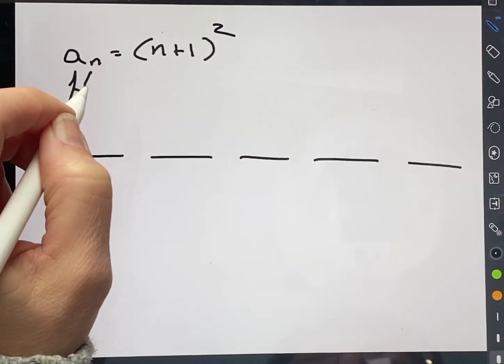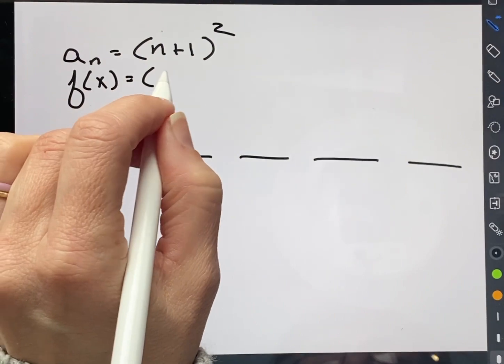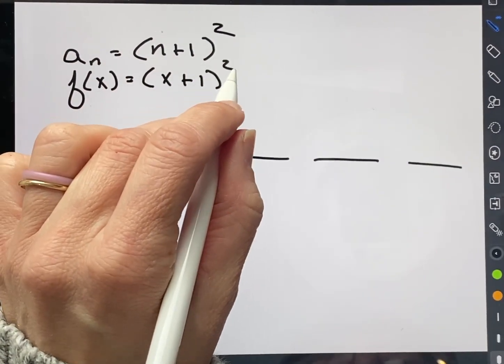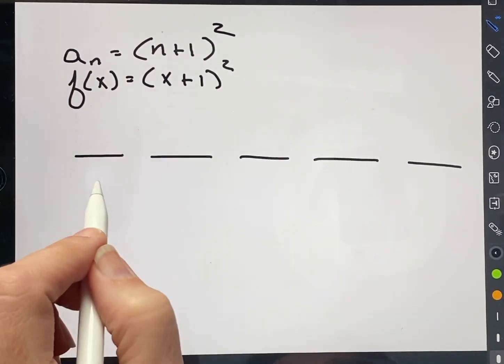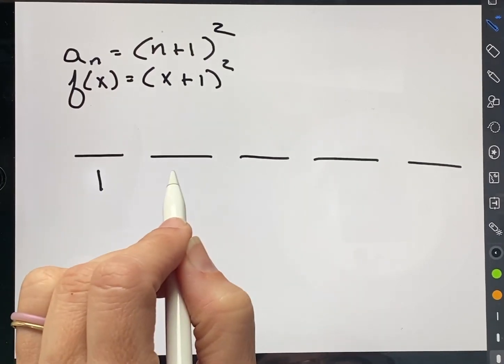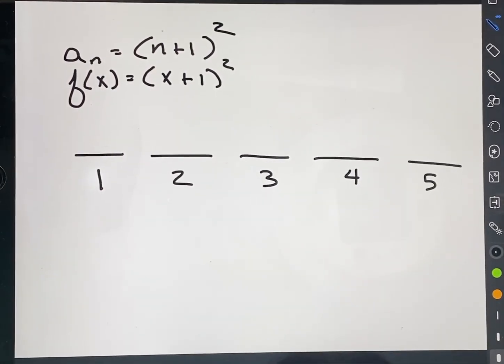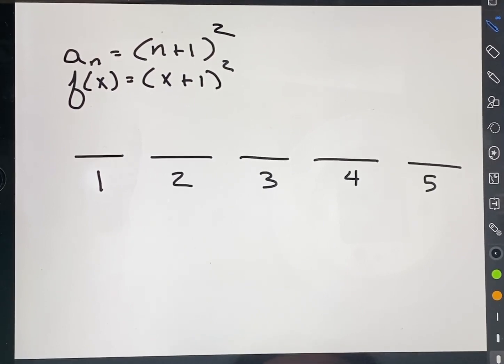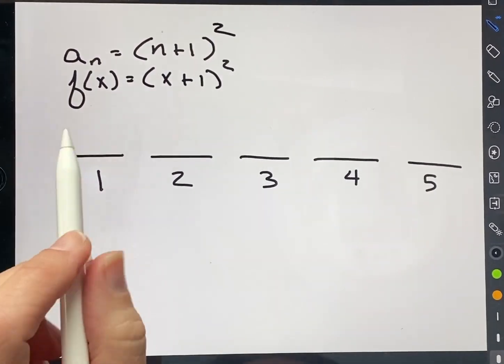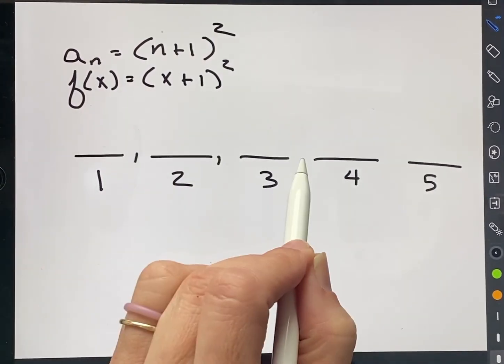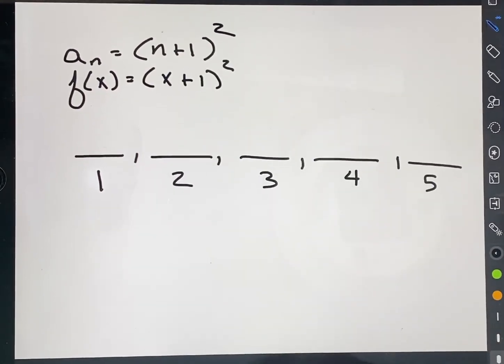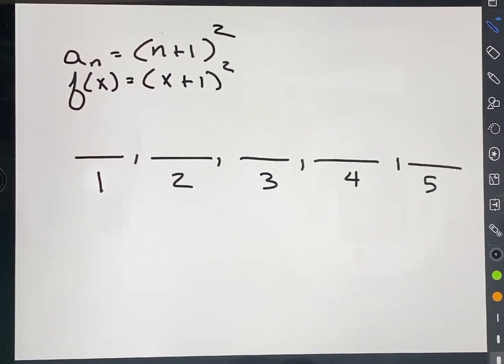If I said f of x is equal to x plus 1 squared, and I know I have to start at 1, and I'm just moving up by our counting numbers 1, 2, 3, 4, 5, because we can't have half of a location of a term in the sequence. It's either the first term, the second term, the third term, the fourth term, or the fifth term, kind of like standing in a line.